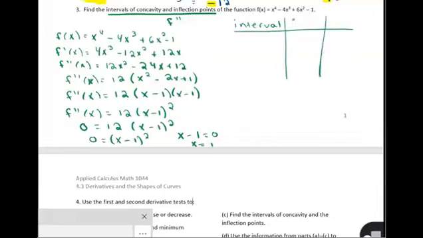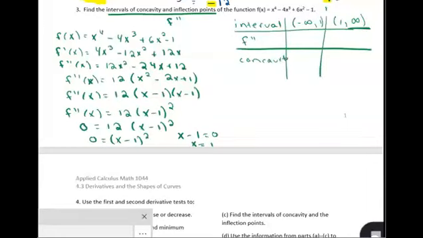So we'll have our first interval from negative infinity to 1. 1 was our 0. So we'll switch our second interval to 1 to infinity. So now we need to know the sign of our second derivative. So f double prime. And we need to know the concavity.